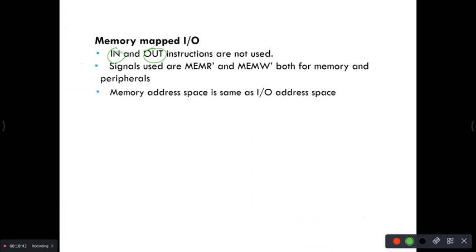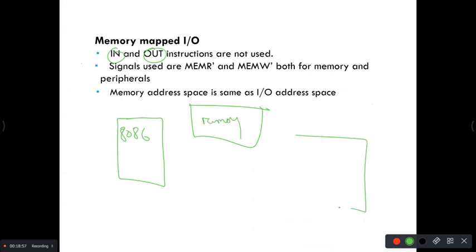In memory mapped IO, it works something like this. You have your microprocessor here, this is your 8086 microprocessor. This is your memory. And this is your IO device, which does both read and write. Ultimately the purpose is to put data into the IO and get data from the IO. The microprocessor wants to put data into the IO or take data from the IO.